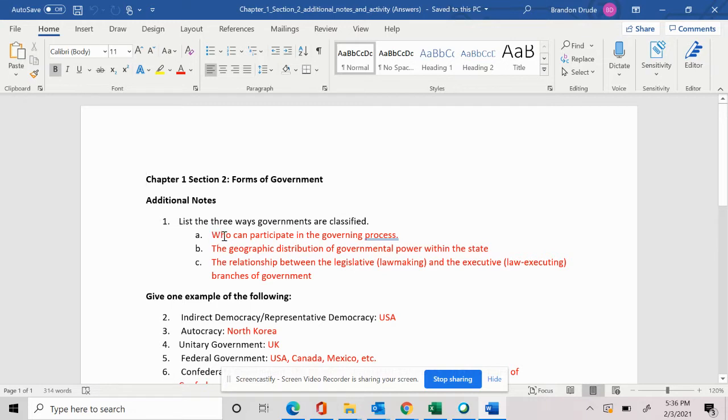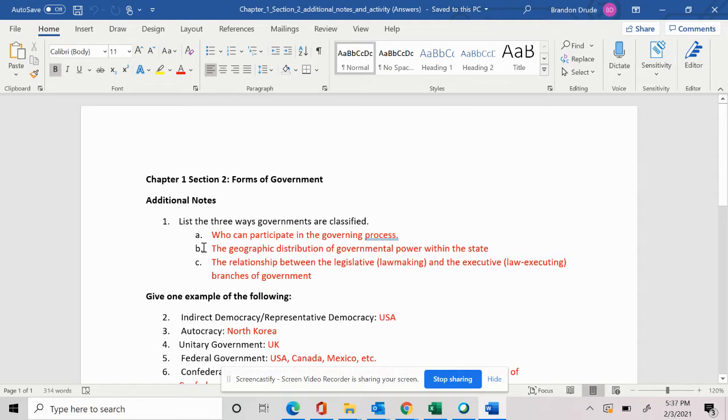The first way is who can participate in the governing process. We talked about the democracies, the different types of dictatorships, and how the people can participate.